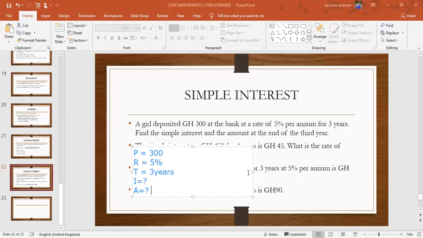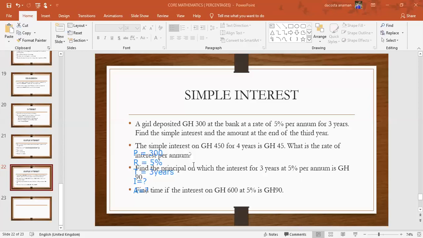All we need to do here is to use our simple interest formula, which is I equals PRT all over 100. That will be equal to principal 300 times the rate 5 times the time 3 years, all over 100.